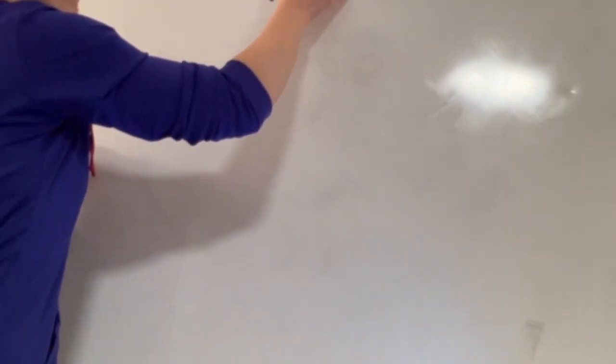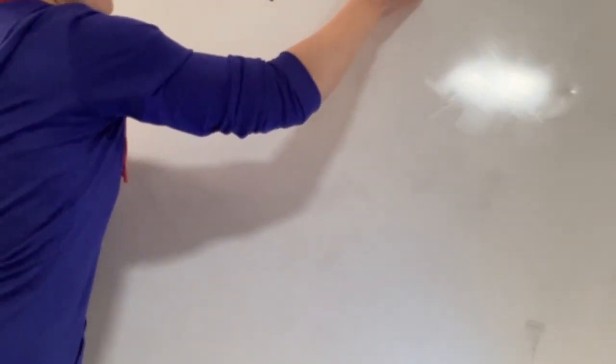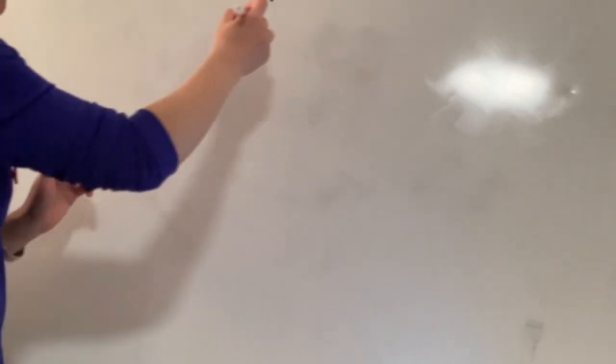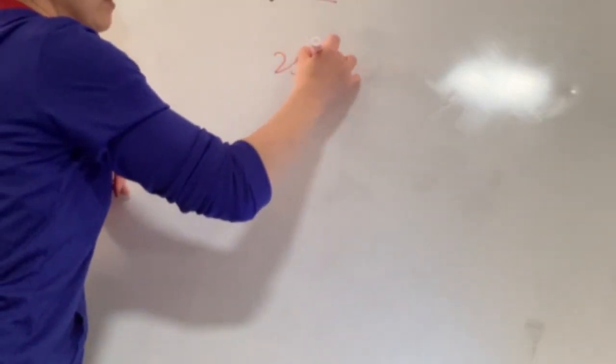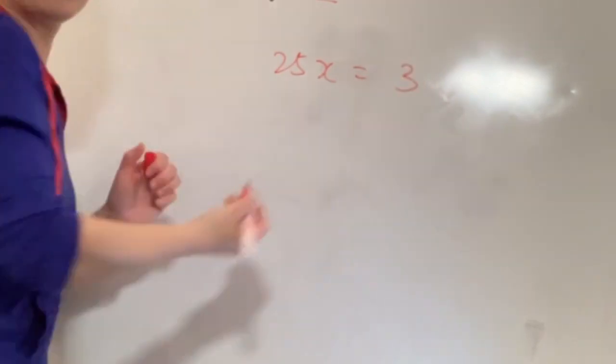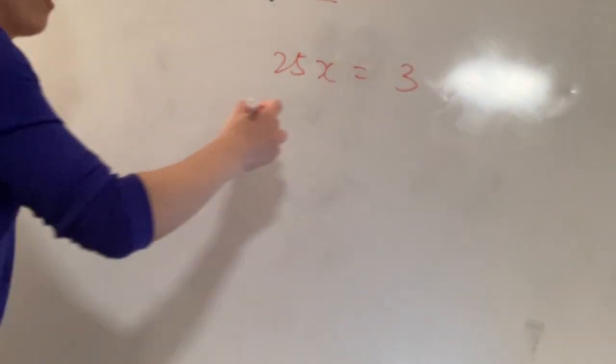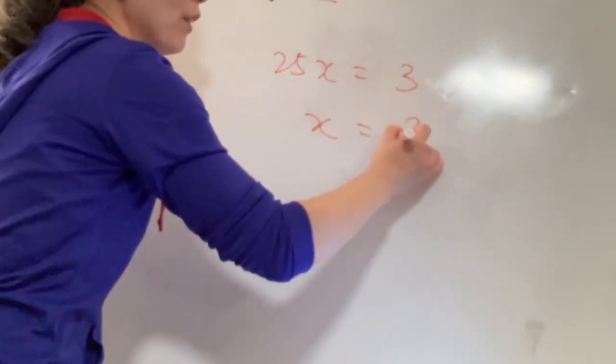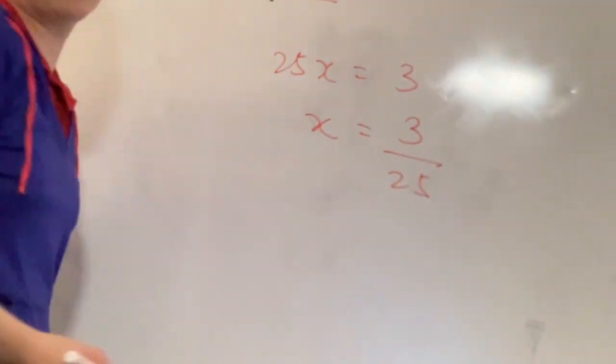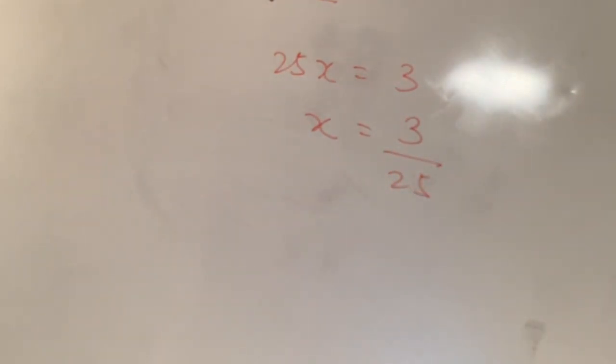It becomes root 25x, equal to root of 3. Now, what can you tell me about it? If they are equal, that means the 25x must equal to 3. And therefore your x must equal to 3 over 25. Done. It's a horrible number, but that's okay. All right. Get the idea?